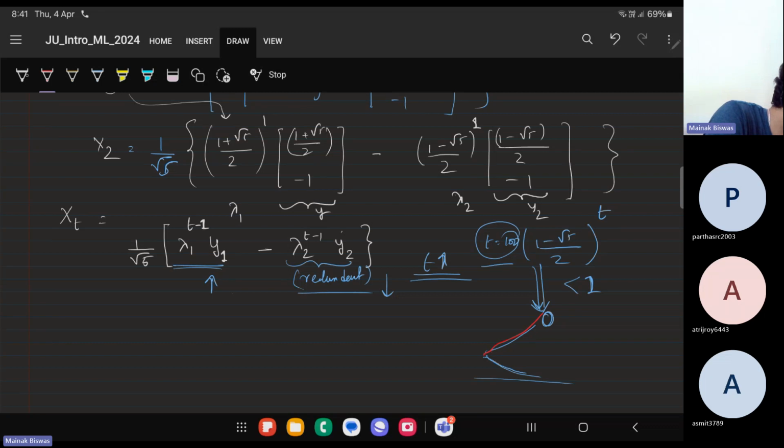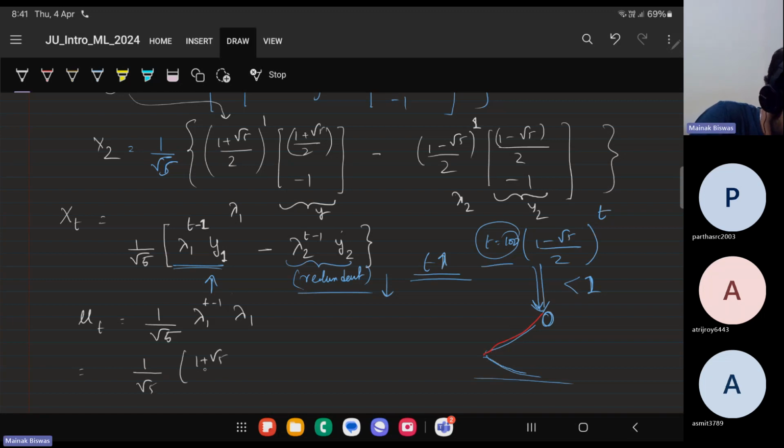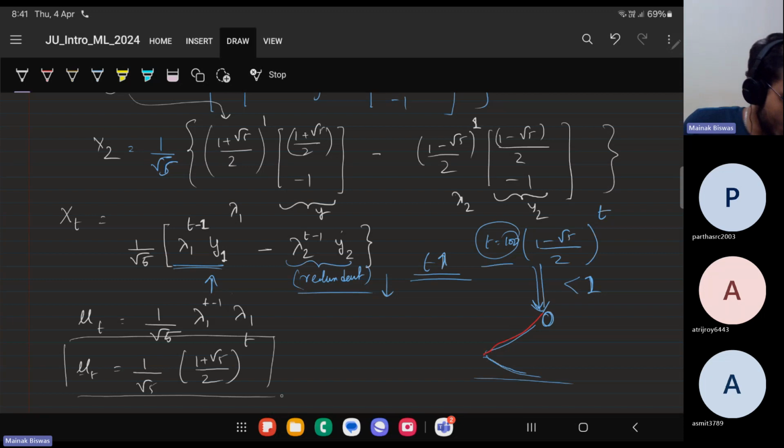So that's why in books you will see this as the solution, lambda 1 to the power t minus 1 into lambda 1 as ut. Yes or no? So 1 by root 5 plus 1 by 2 to the power t. So this becomes a function of the golden ratio.